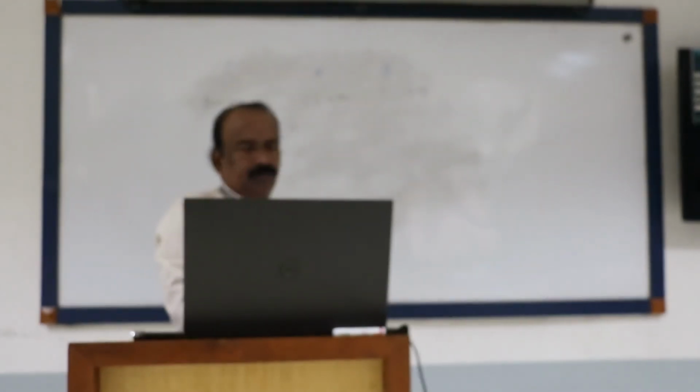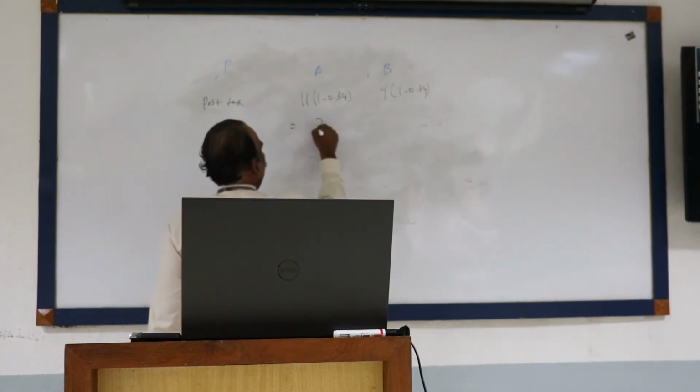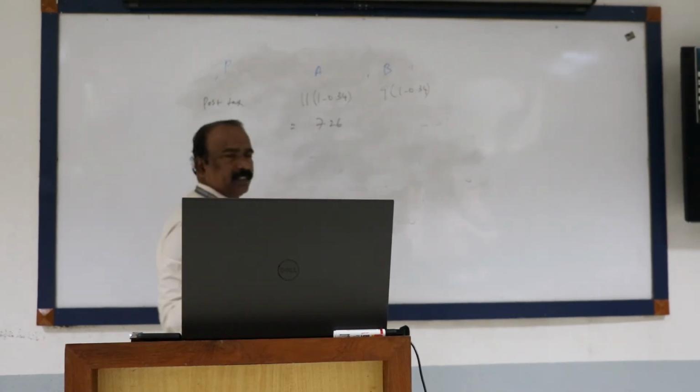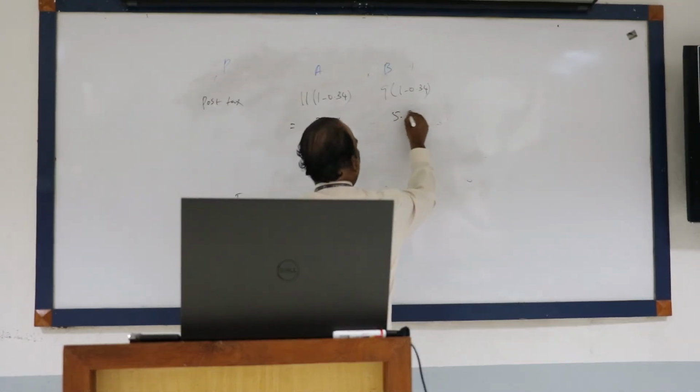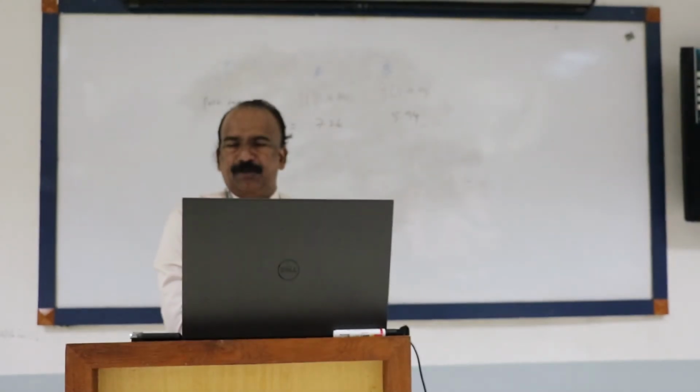How much comes? 11 into 1 minus 0.34 is 7.26. And 9 into 1 minus 0.34 is 5.94.